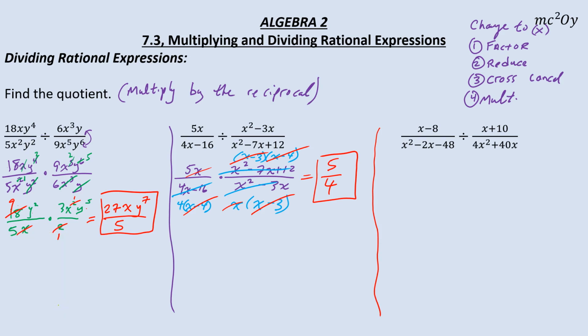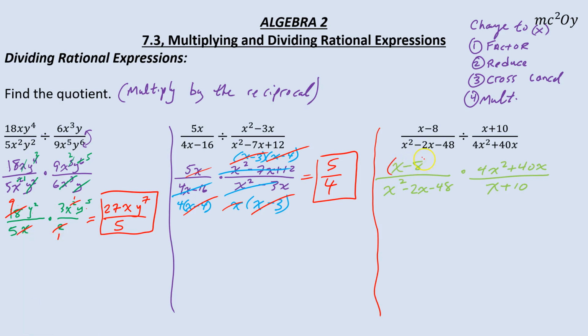All right. This last one, let's change to multiplication first. So we got x minus 8 and x squared minus 2x minus 48. I hope you guys are pausing and trying to do it on your own here. Flip the back. We have 4x squared plus 40x and x plus 10. Okay, we'll go ahead and do some factoring.